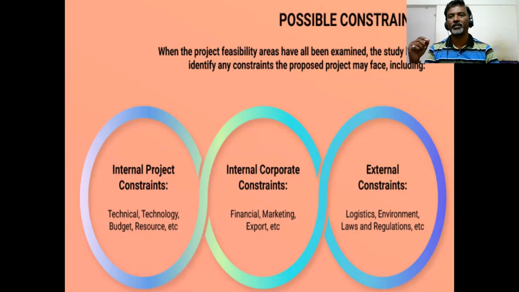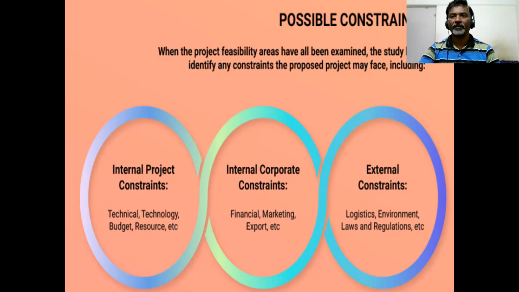Then that is also one of the external constraints. Or if some government rules change, and your product or service is not fulfilling them, that is also one of the constraints. So consider that moment when all the project feasibility areas have been examined, the study helps to identify any constraints the proposed project may face.